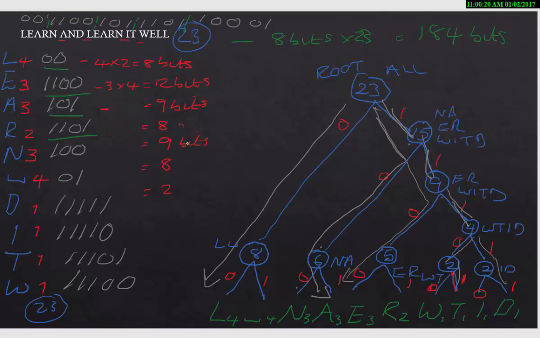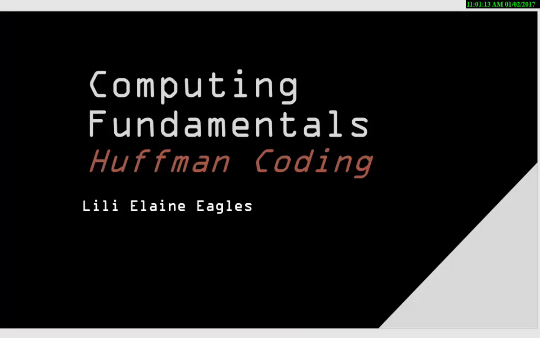So I'm just going to add that to 20 because that's 5 times 4 is 20. Make my maths easier. So 74 bits instead of 184 bits is the compression, which is just a bit over a third. And that's around about the compression rate for most English language sentences. And hopefully that's given you an overview of Huffman coding.